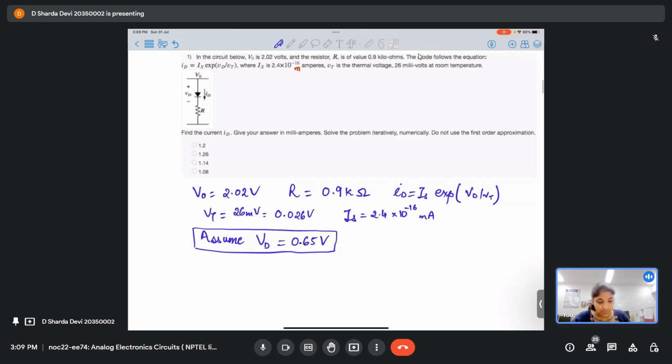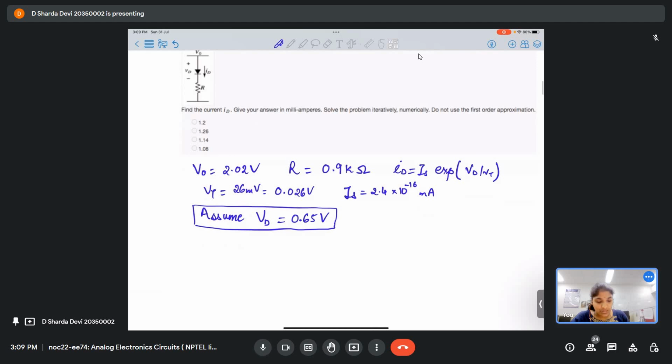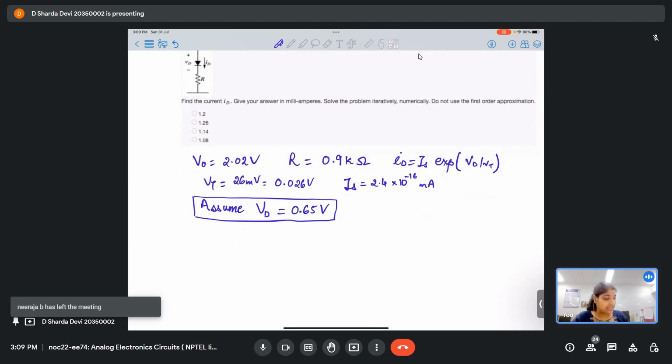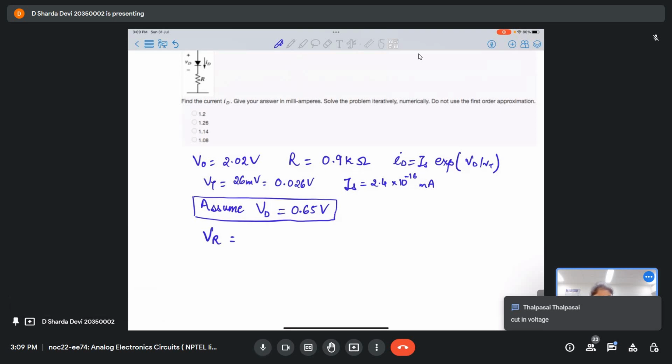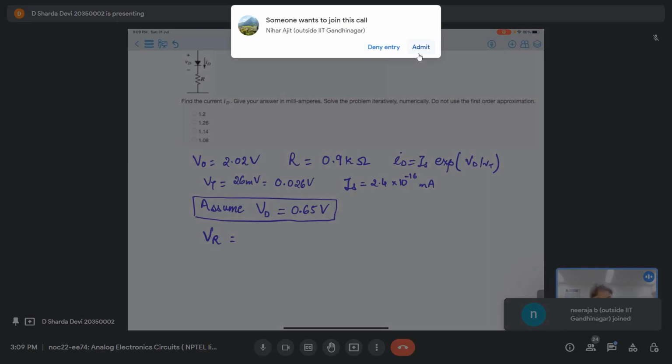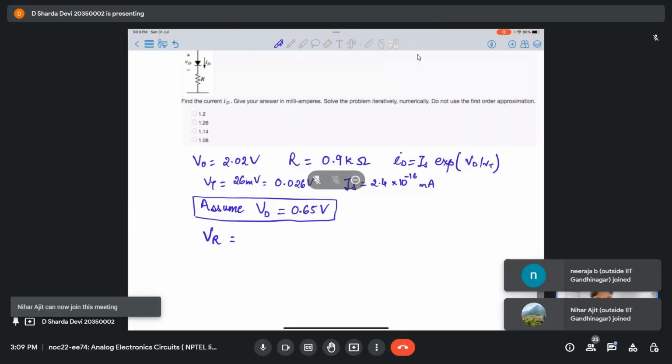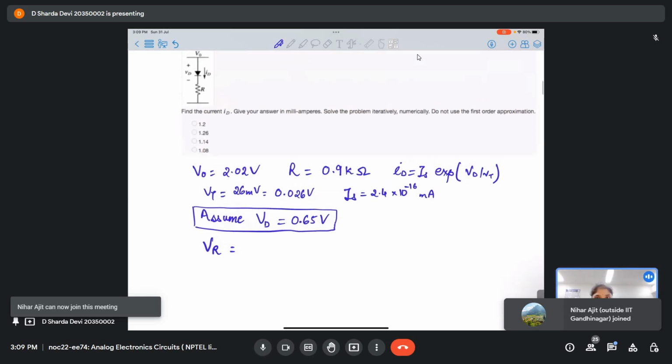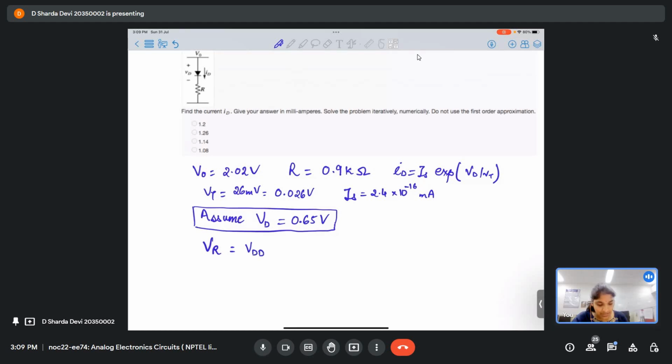Once we know Vd, what is the drop across the resistance? It will be the total voltage minus the drop across the diode, right? So it will be Vdd minus Vd, or V0 minus Vd.